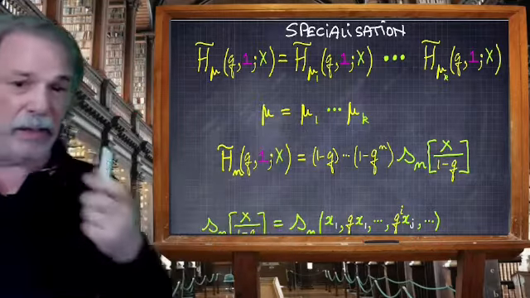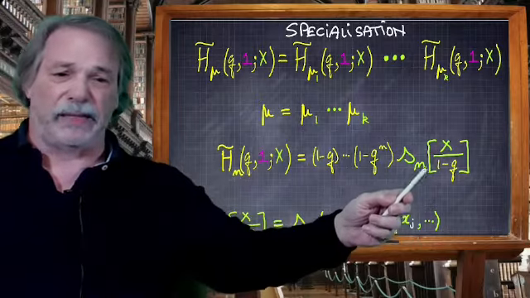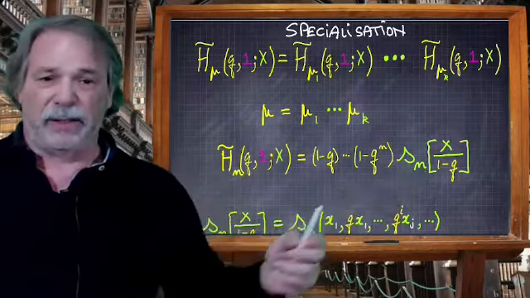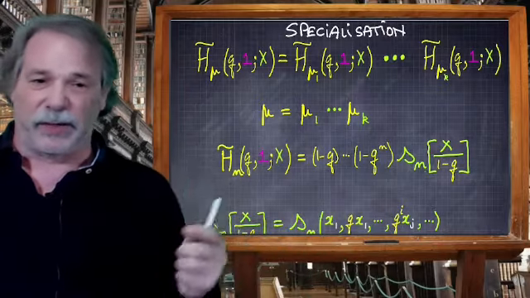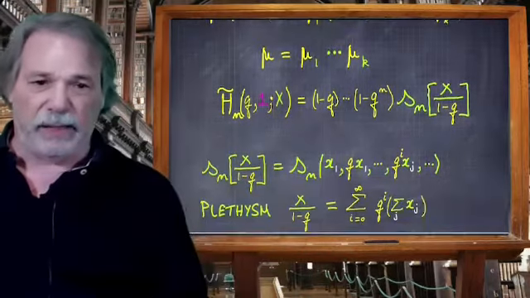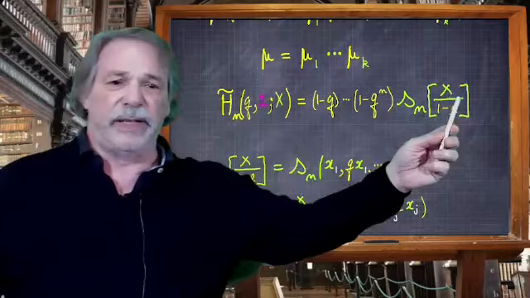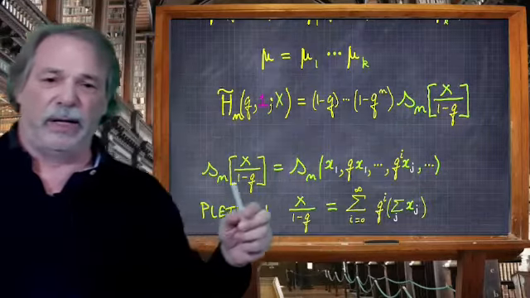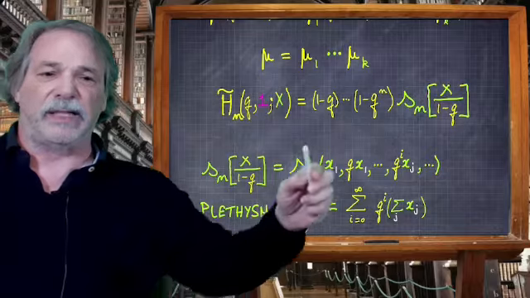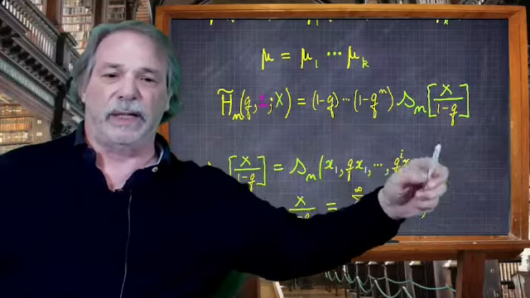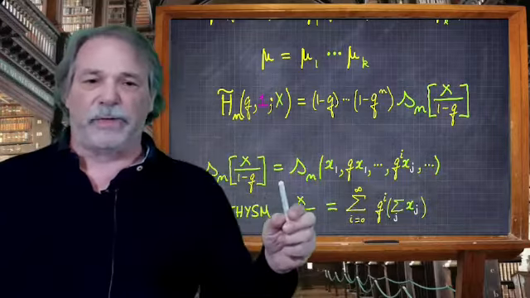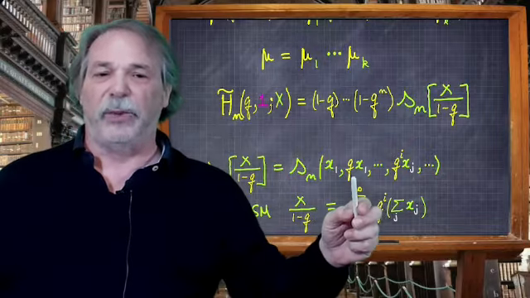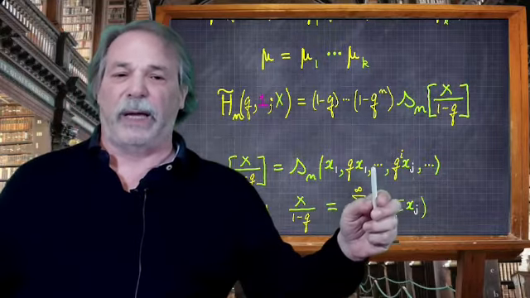Now, here I'm using plethysm, which I won't define today, but I'll tell you at least a special case. What this means is you take the symmetric polynomial here, which has infinitely many variables in it, and you replace the first variable by x1, the second variable by q x1, the third variable by q squared x1.